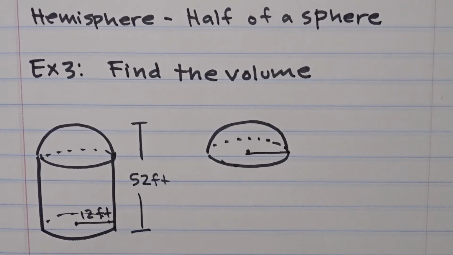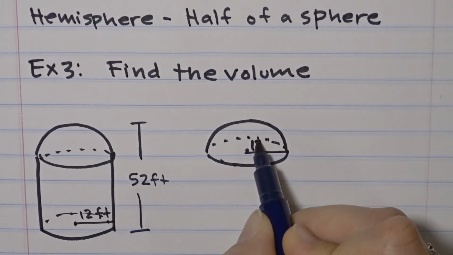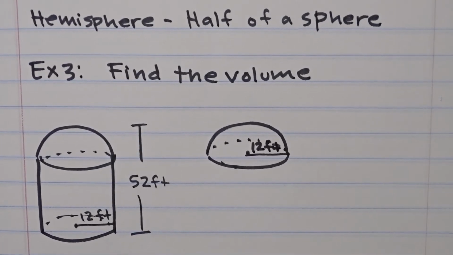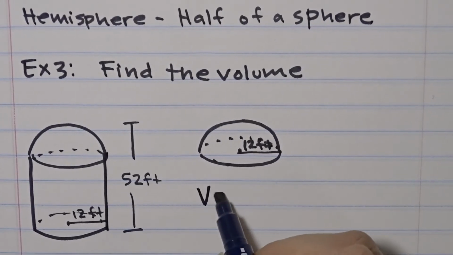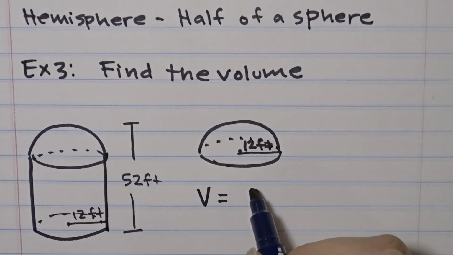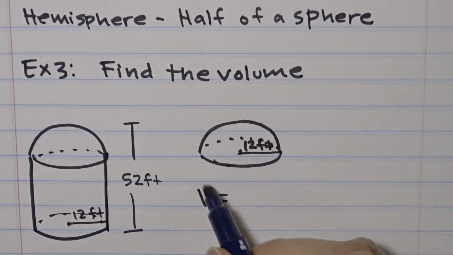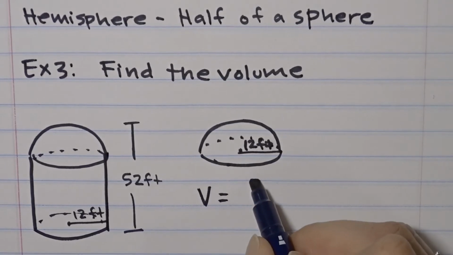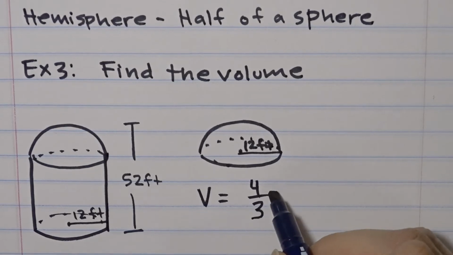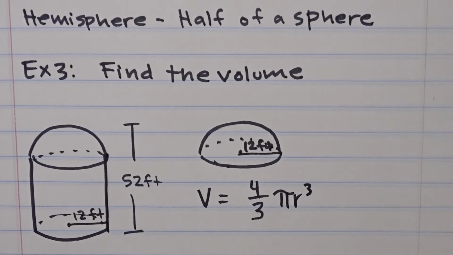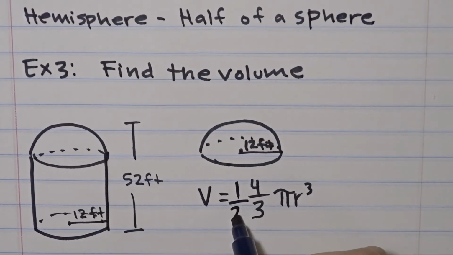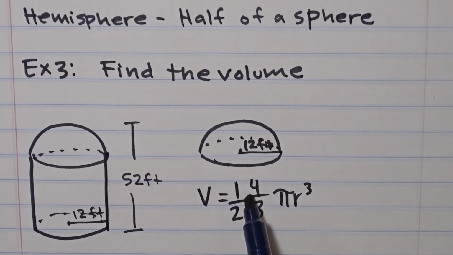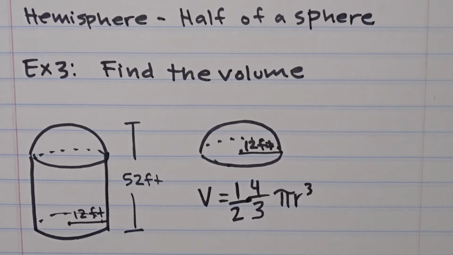So if the bottom has a radius of 12, then so does the top, 12 feet. So that would be volume equals, well, let's assume it's the entire sphere. The entire sphere would be 4/3 pi r cubed. But since I only want half of it, I'm going to put a half in front. I want half of the entire sphere.